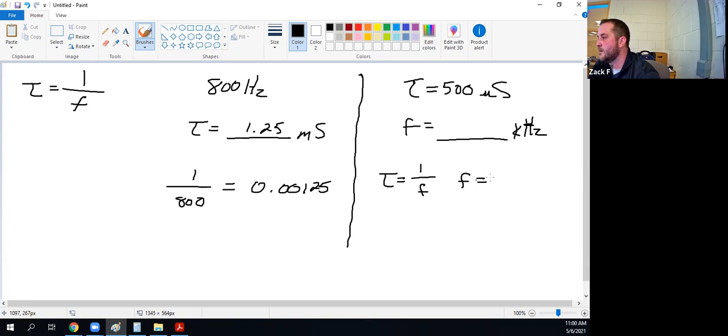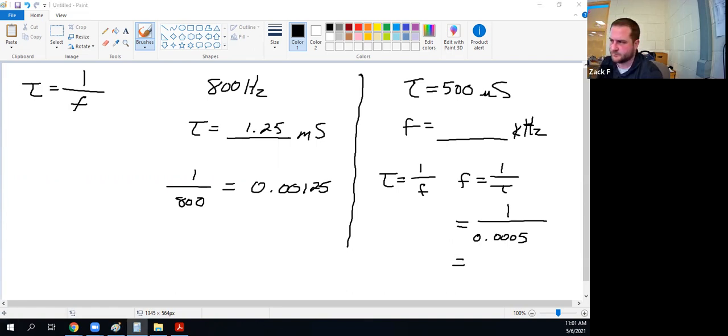If T equals 1 over F, F equals 1 over T. Do I need to go through that algebra with you? I hope not. So if F is 1 over T, 1 over 0.0005 makes the frequency equal 2000.